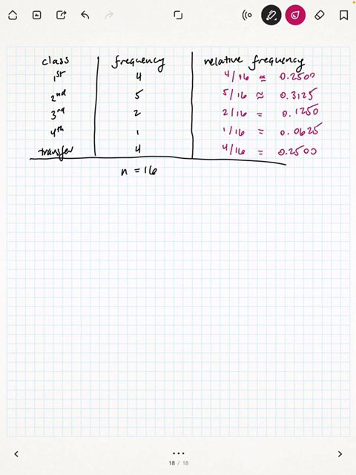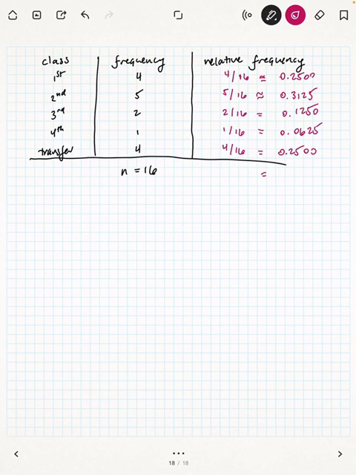So as you're working with the relative frequencies, remember there was that rule when we worked with just the frequencies that they have to add up to the sample size. In this case, because we divided each of them by the sample size, they should add up to 1, right? So you can verify using your calculator, as I'm doing right now.